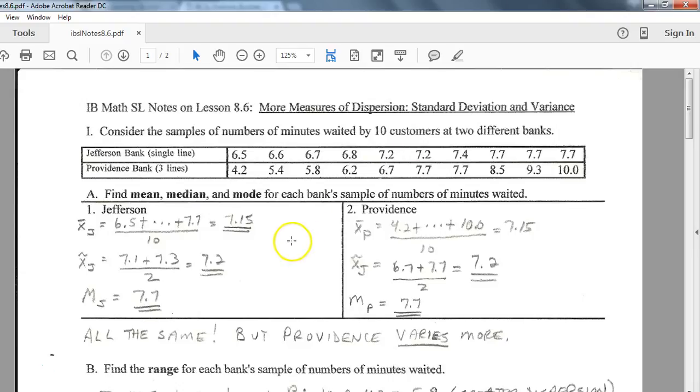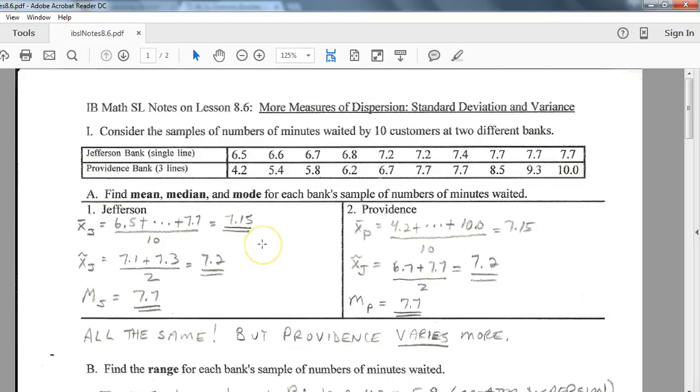If you look at these two examples right here, we have one list of data for Jefferson Bank. These are wait times, so this is how long this person waited. These are wait times at a different bank. You can see some of the difference in the numbers, but there's 10 data points for each one.